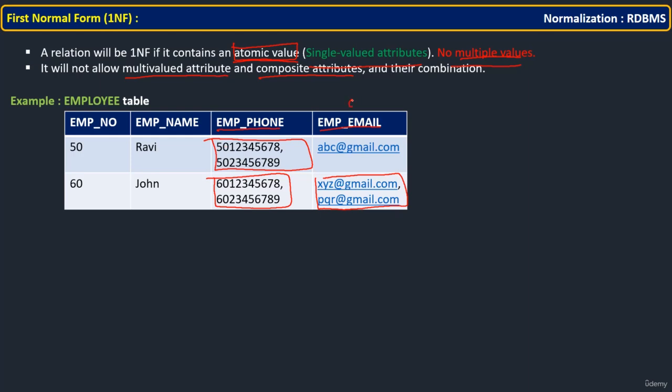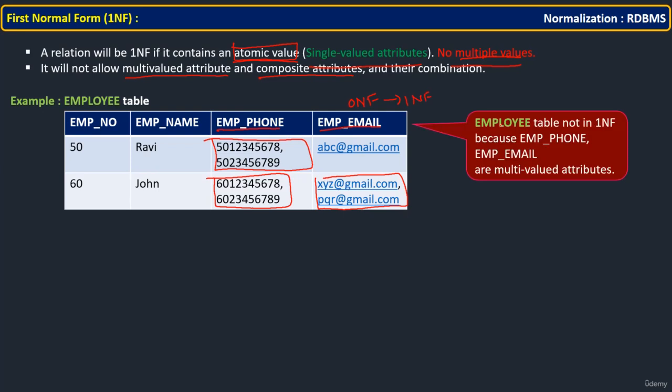This is actually in a zero normal form. Now to make this one first normal form, what do we have to do? The employee table is not in first normal form because EMP phone and EMP mail are multi-valued attributes, very importantly.